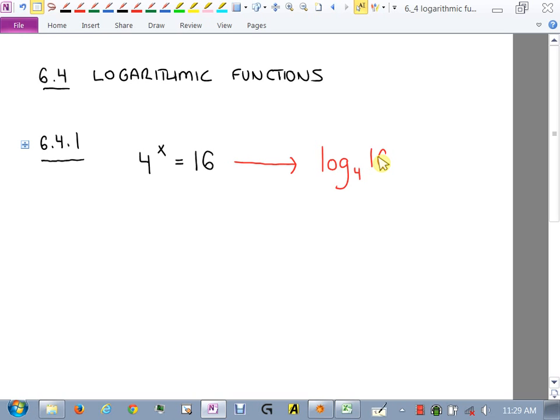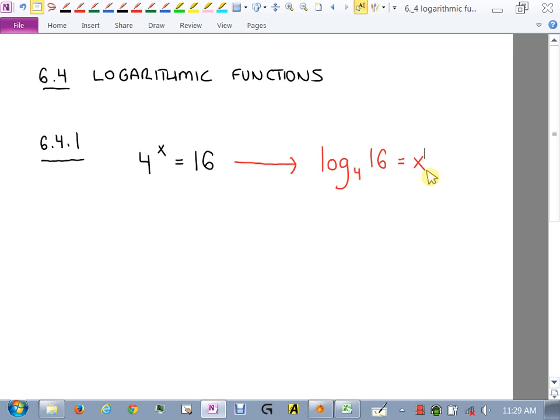This is purely notation. It's asking the same question this one was asking, written a different way. So all a logarithm is, is an alternative notation, a different way of asking this question. You understand? So we could say that this is equal to x. The answer to this is x.